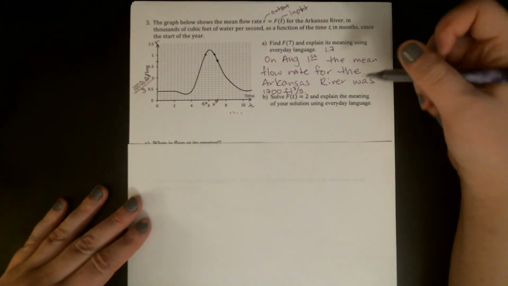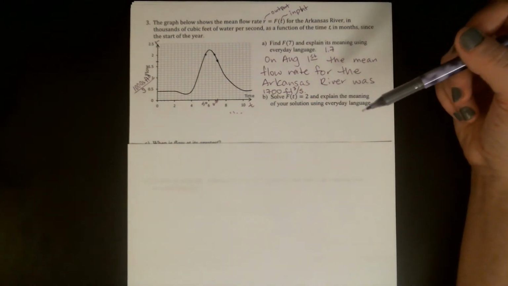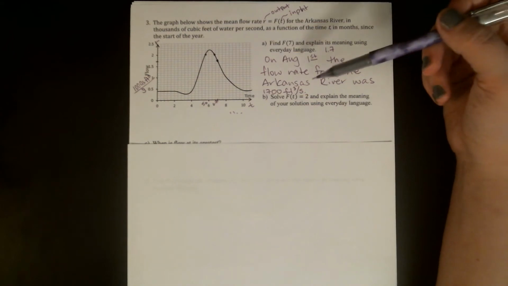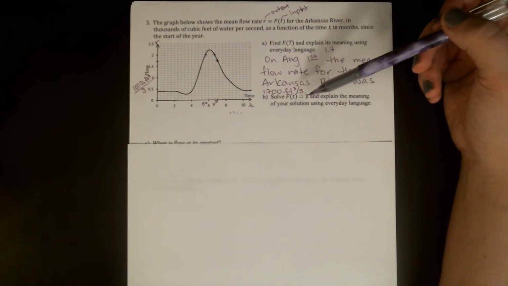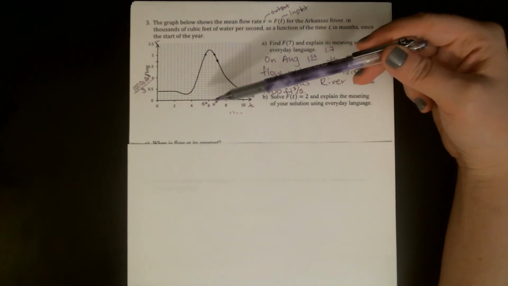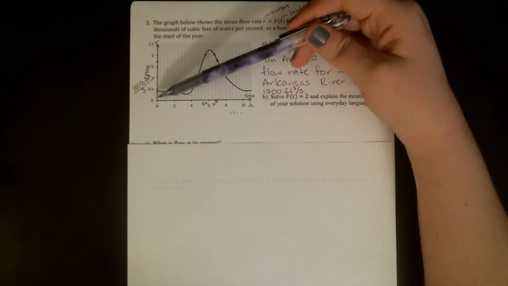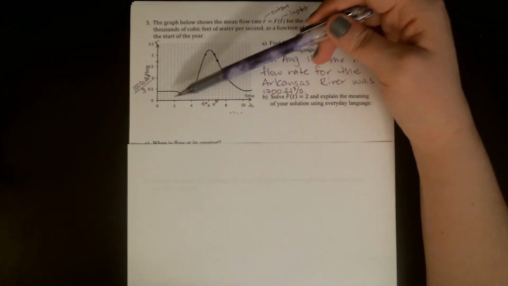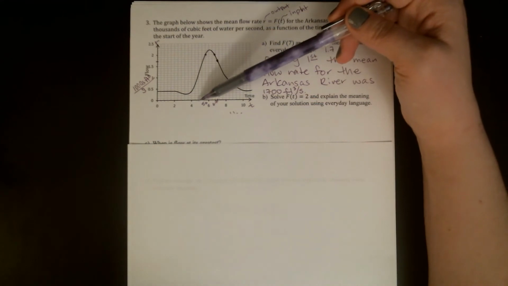Okay. Explain the meaning using everyday language. Okay, so once again, what we're saying here is that the mean flow rate will equal 2,000 cubic feet per second after 5.6 or 6.7 months. So let me count that out once more to make sure I'm right. So this is beginning of January, February, March, April, May, June. So this is sort of like late June.